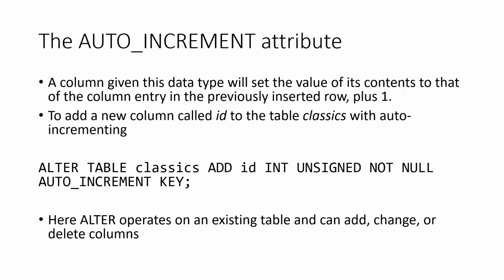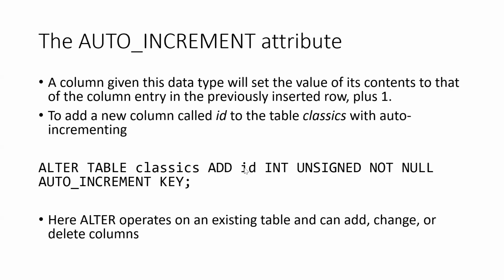Now, we will sometimes use auto increment. For example, if you try this ALTER TABLE classics, which means we are trying to change the table, that's why ALTER, and ADD, meaning we are going to add a new column to the table classics. This column is called ID.